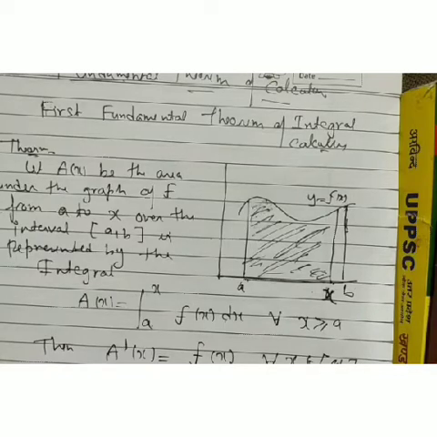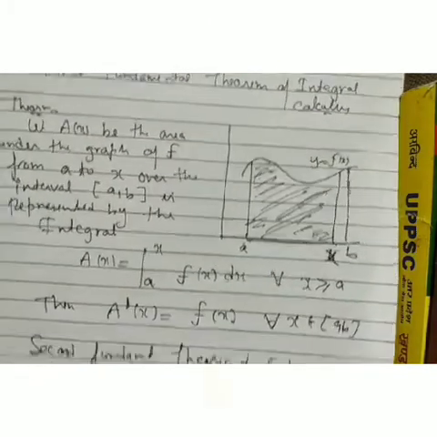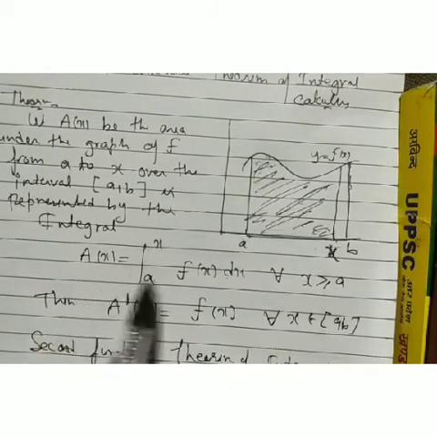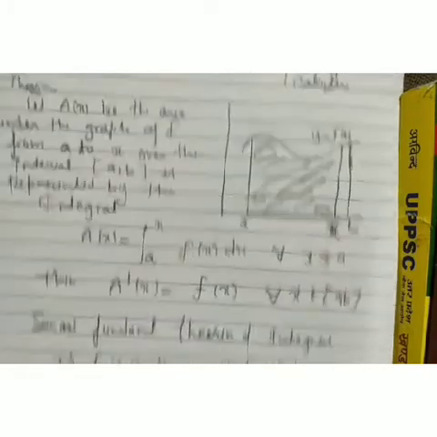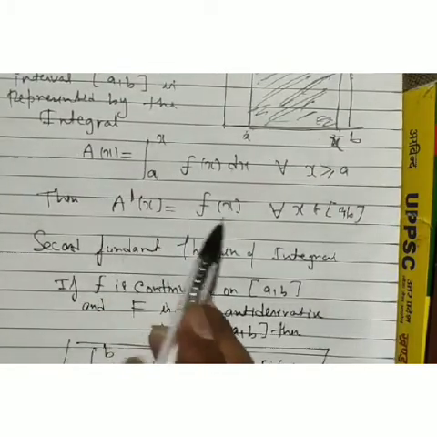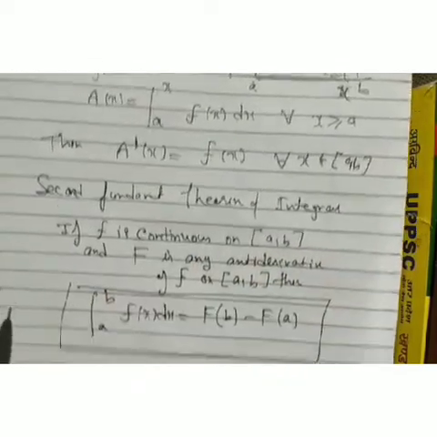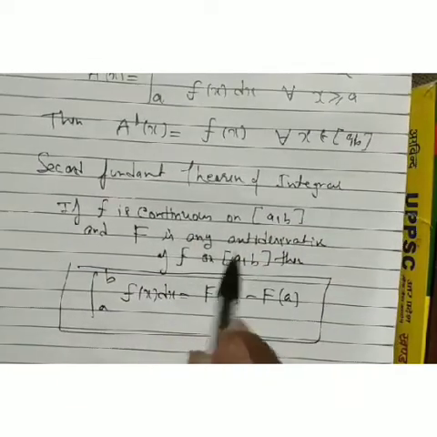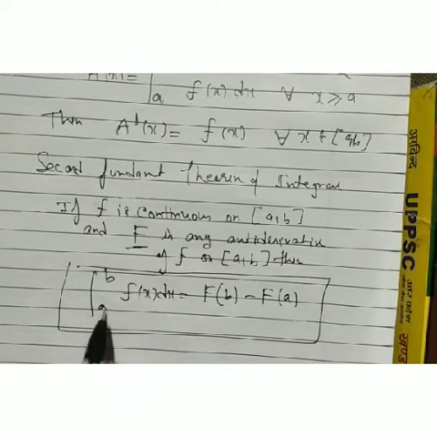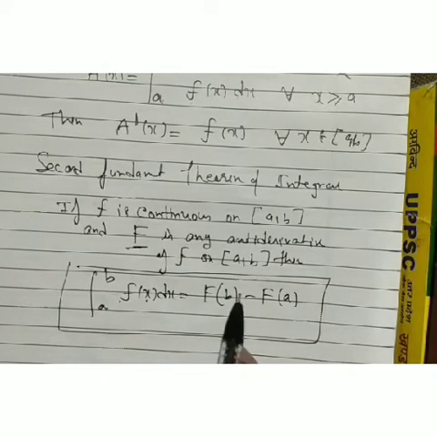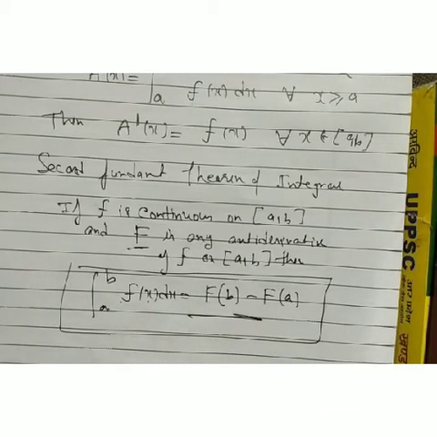If the function F is defined by F(x) equal to the integral from a to x of f(x) dx, then F'(x) is given by f(x) for all x in [a, b]. If we have some antiderivative of f, then the integral from a to b of f(x) dx is given by F(b) minus F(a). This is our basic fundamental theorem of calculus.